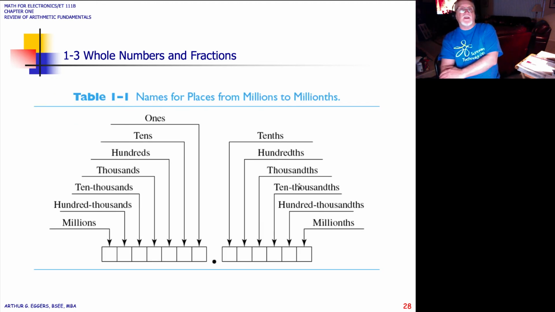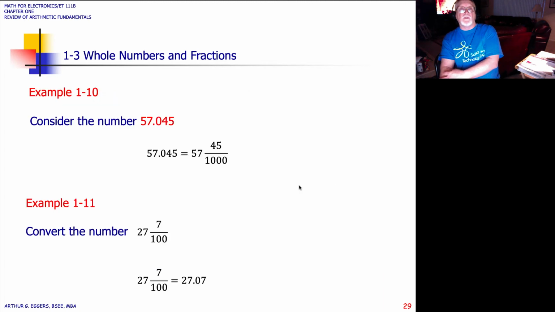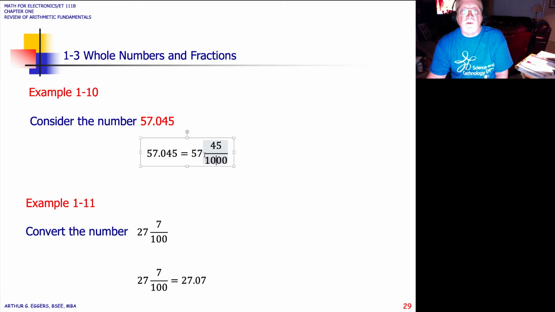Again, the chart is something that we need to be very familiar with. Work through these examples, and make sure you see how we convert from the fractional portion to a fractional representation.